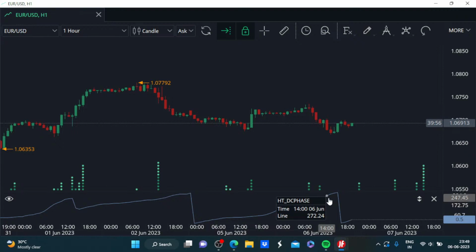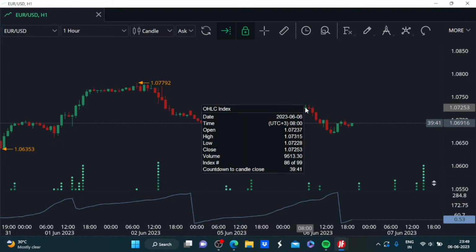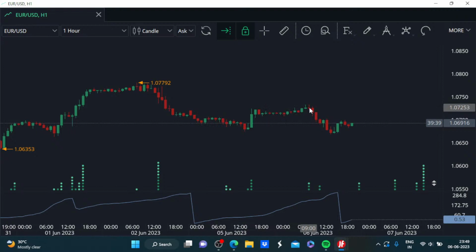And if we look at the chart, it was also the time when the price momentum was picking up for the euro on the lower side after consolidating and stagnating around these levels a little above 1.07. We saw this sharp decline setting in, and at that time we saw the rate of change also accelerating for the Hilbert transform DC phase indicator, and we had this sudden shift on the lower side.